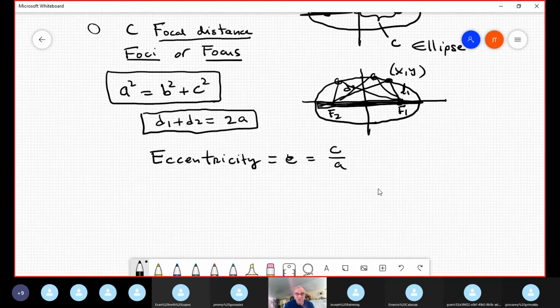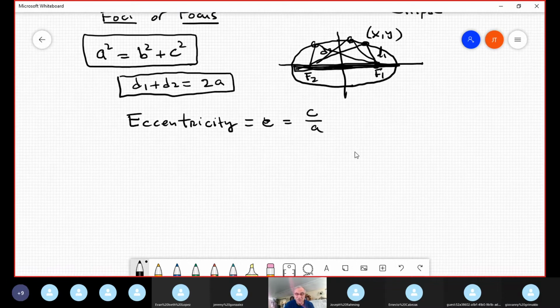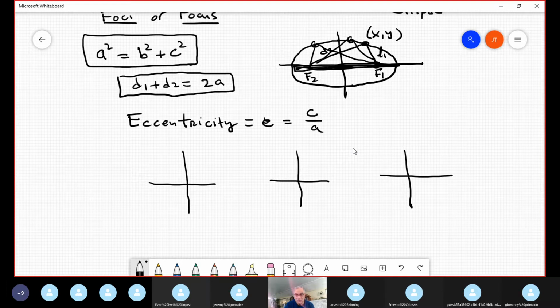E is important because it gives me information about how the ellipse looks: round, or flat, or skinny. Suppose one ellipse like that. E is approximately 0.95.